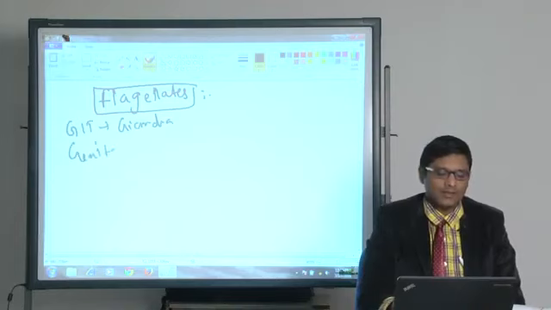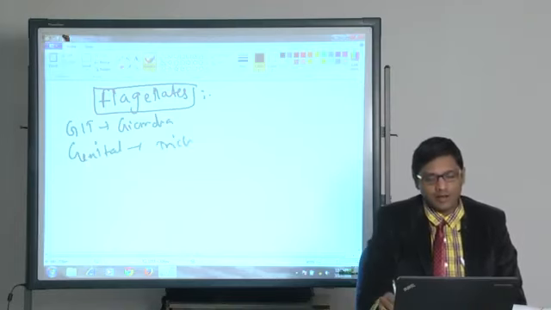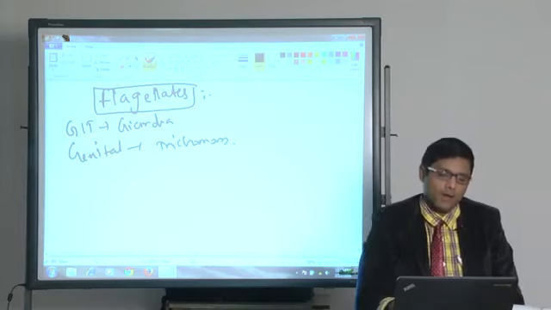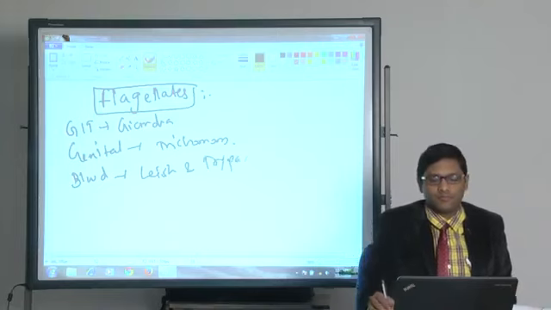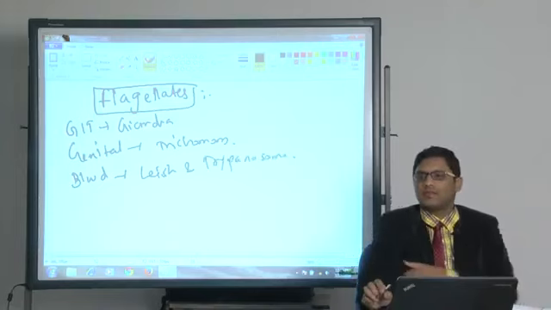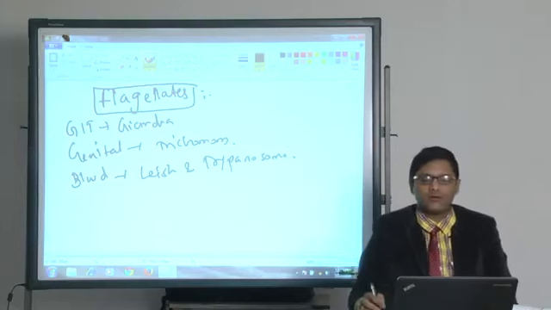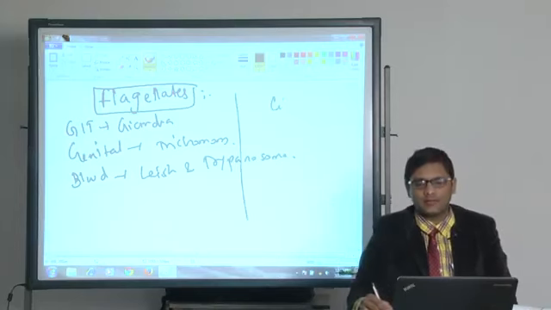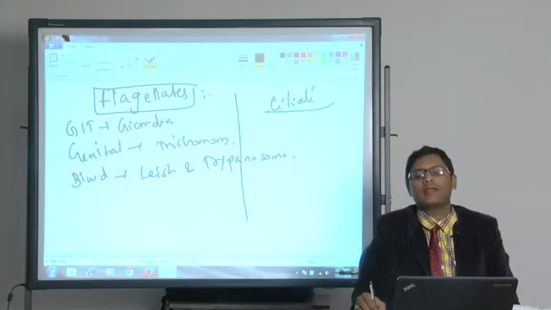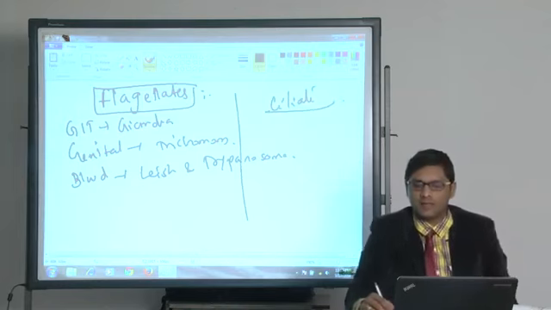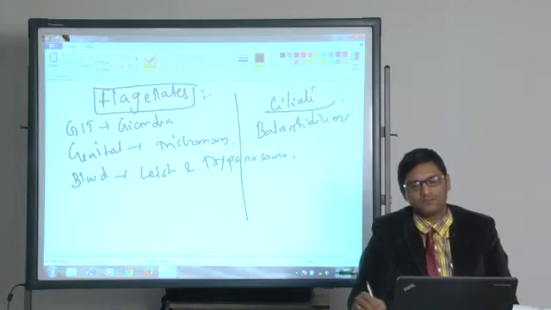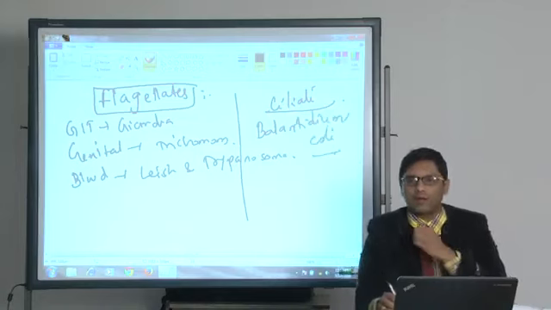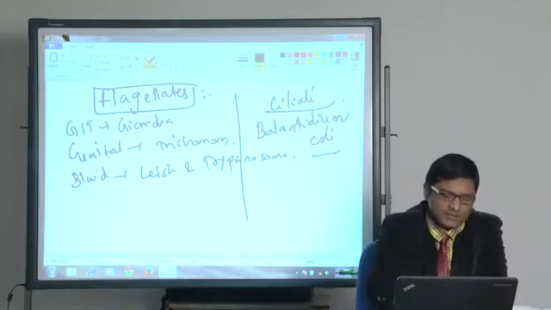Genital flagellate, an example is Trichomonas, and hemoflagellates, examples are Leishmania and Trypanosoma. So these are the various flagellates we are going to discuss. Apart from that, there is a ciliate. The only ciliated parasite which infects human beings is Balantidium coli. So let us discuss one by one.